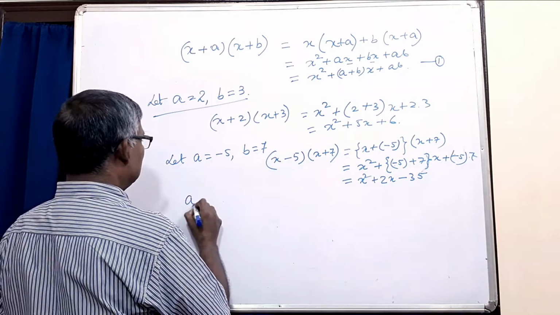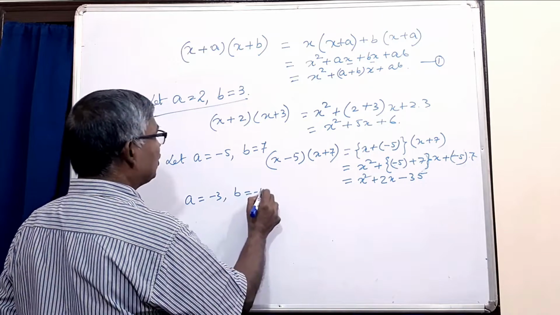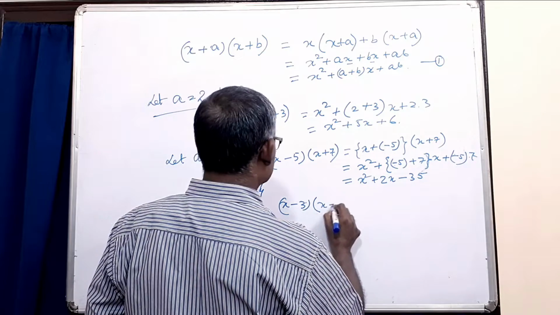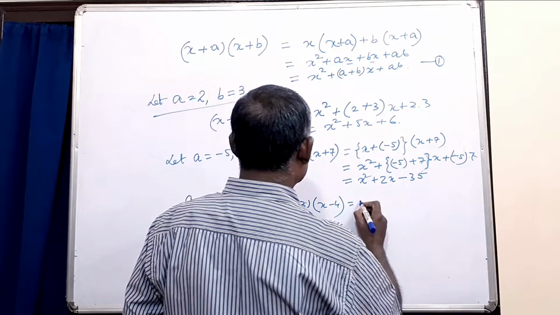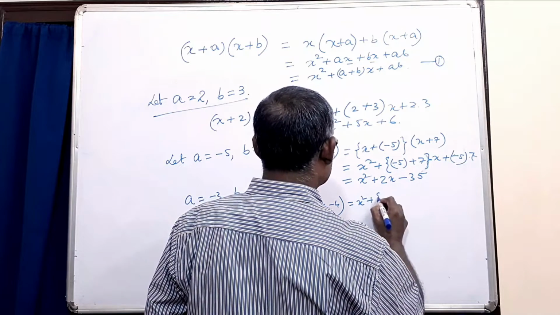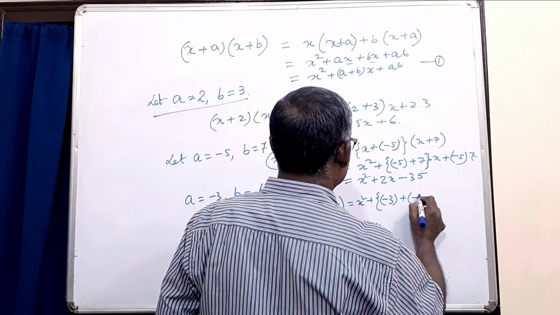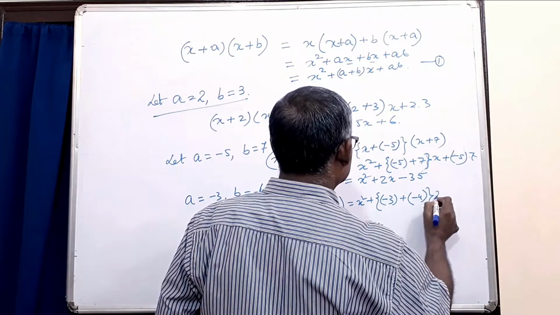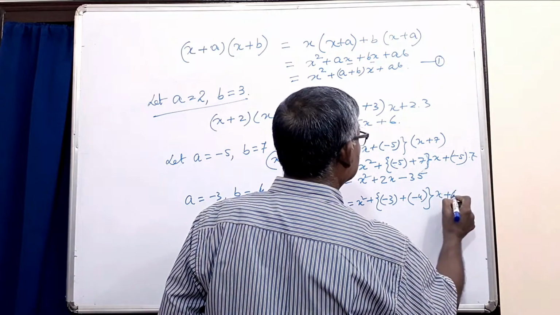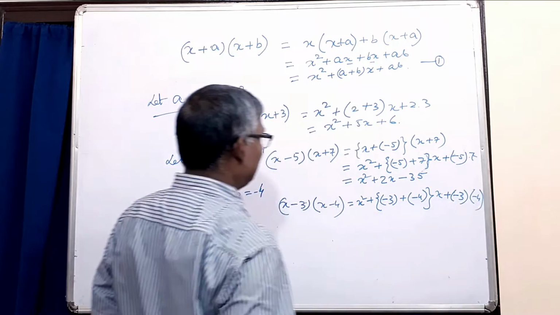Suppose a equals minus 3, b equals minus 4. So what would be the result? x minus 3 into x minus 4. We can write this as x square plus (minus 3 minus 4)x plus minus 3 into minus 4.